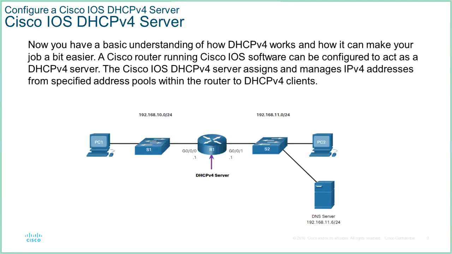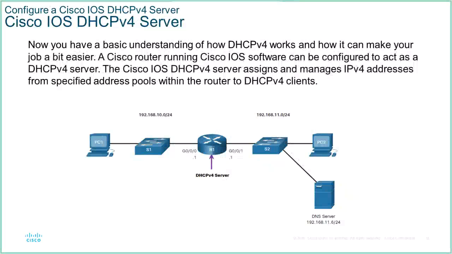So we can set up a server which is on the 11 network, and this server could, if you wanted to, serve both networks, or it could do what's called a helper and pass those broadcasts for the requests and discover across to the server, if that DNS server was also a DHCP server, for example.